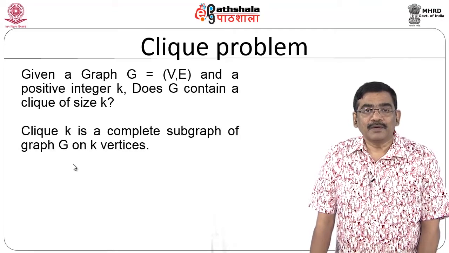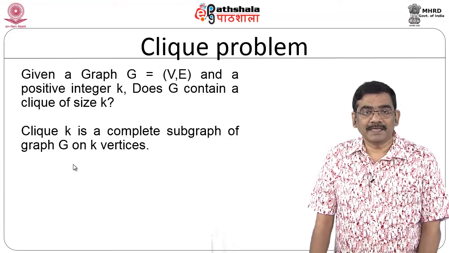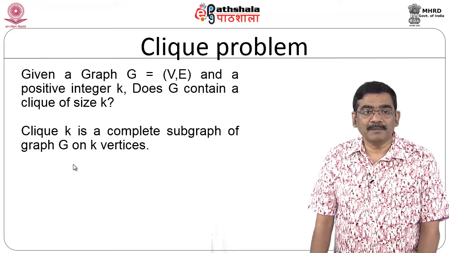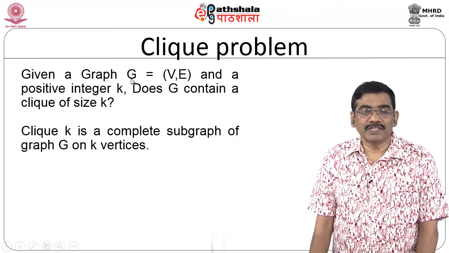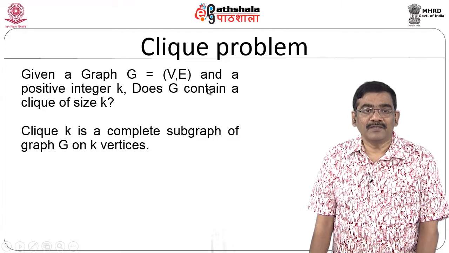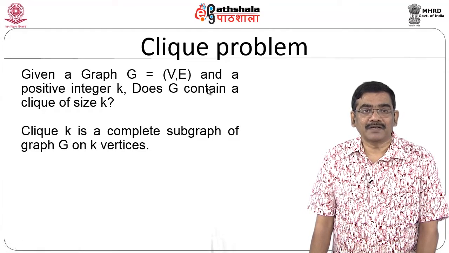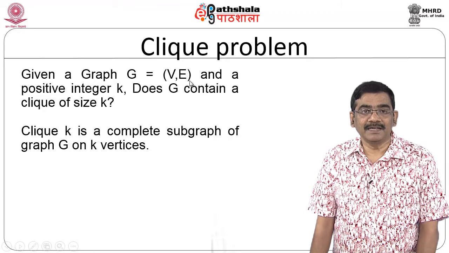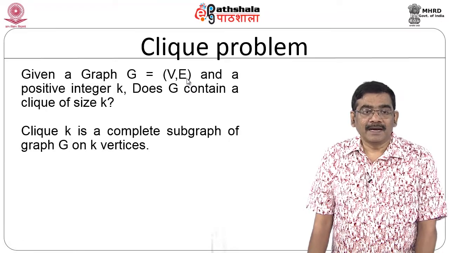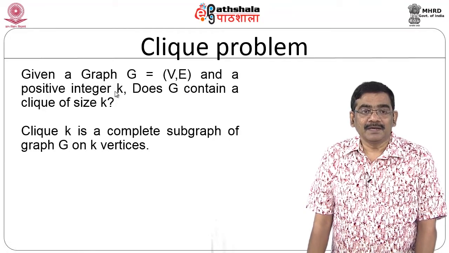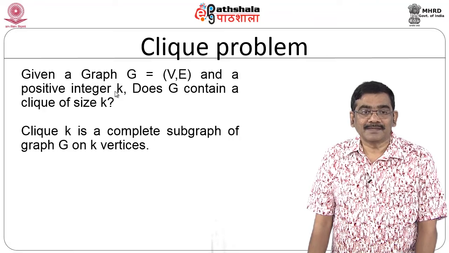Before we start, let me explain what a clique problem is. We have a graph G equal to (V, E), where V is the set of vertices and E is the set of edges, and a positive integer k is given. The question is: does G contain a clique of size k?